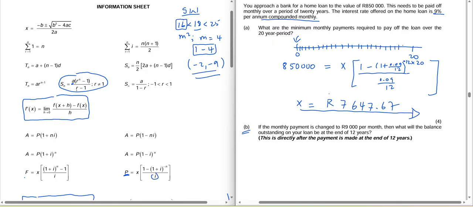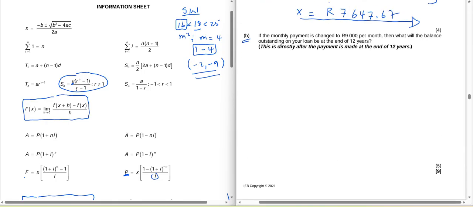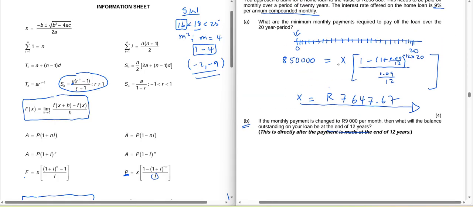And the question is asking what will be the outstanding balance at the end of 12 years? After 12 years, how many monthly payments would you have made? Which is 12 times 12, which is 144 monthly payments that you'd have made.